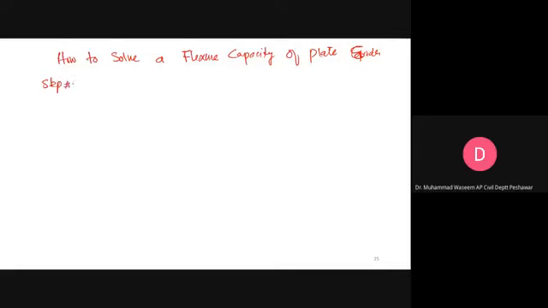Step 1. Check classification of web. Is it slender? Is it compact? Is it non-compact? Okay. And you can do this check by calculating this for your web. Then you have to compare it with two equations. First equation is this one.